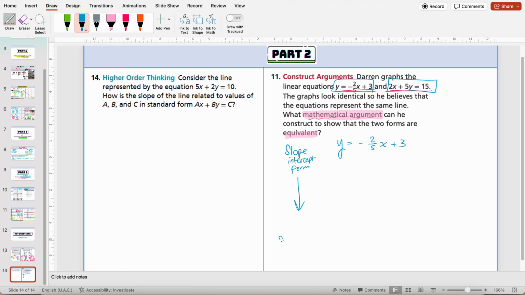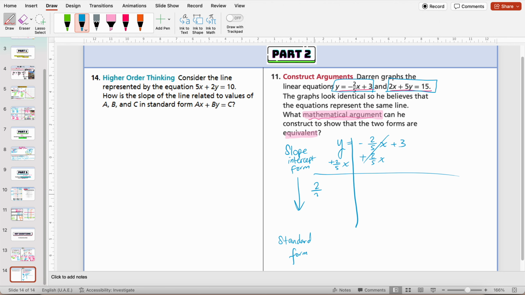I want to change it to standard form. Okay, let's do it. So again, I need to remove the x from this side. Remember, changing it to standard form means two things. Make sure that the variables are together and make sure that all coefficients are integers, okay?